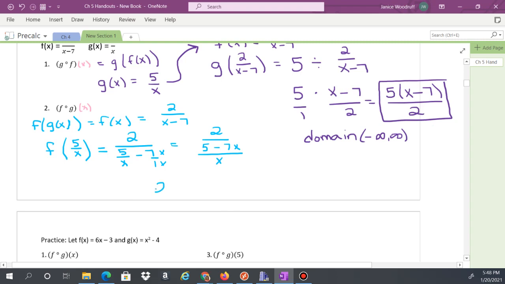So this is going to be 2 over 1 divided by 5 minus 7x over x. I'm going to flip this to multiplication, and we're going to have x over 5 minus 7x. So 2 times x will give us a 2x, and this will give us 5 minus 7x in the denominator.